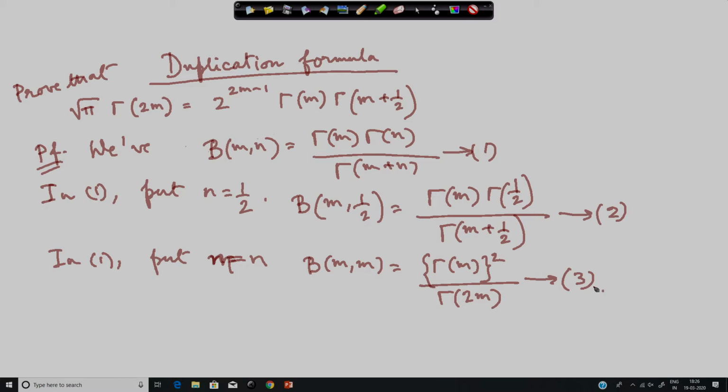Now we need to modify the form and see what beta m m is. We shall use the form of beta function 2 integral 0 to pi by 2 sin to the power 2m minus 1 theta cos to the power 2n minus 1 theta d theta.